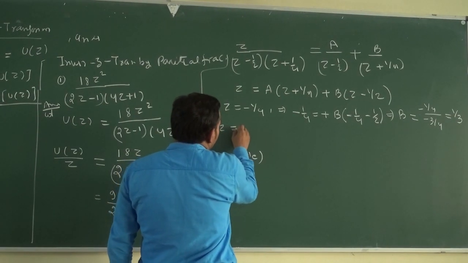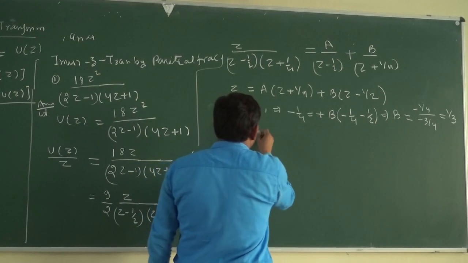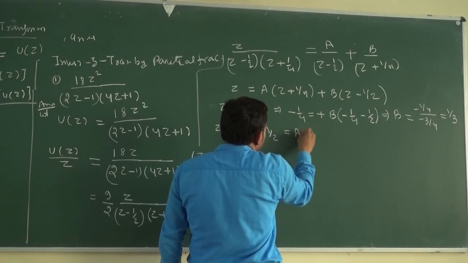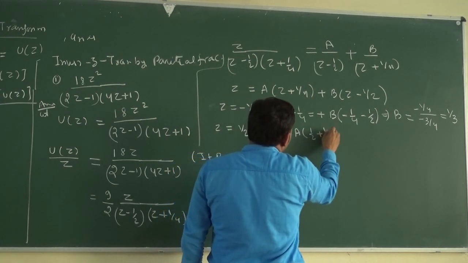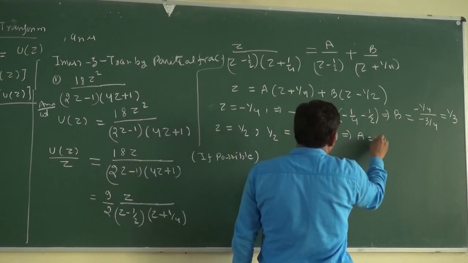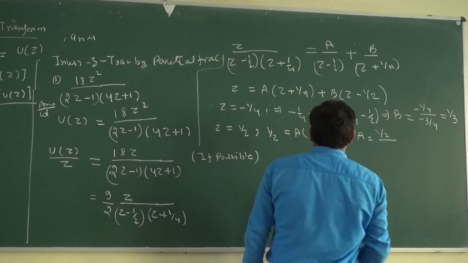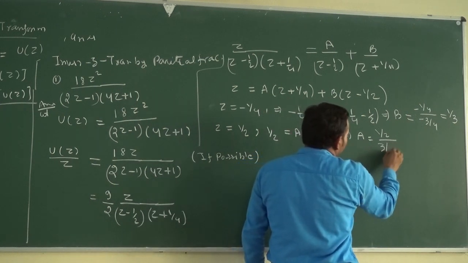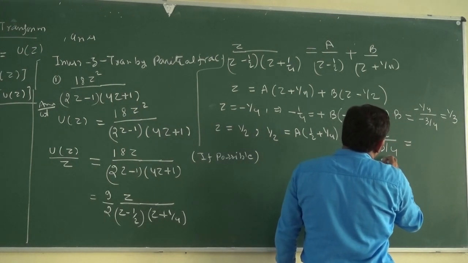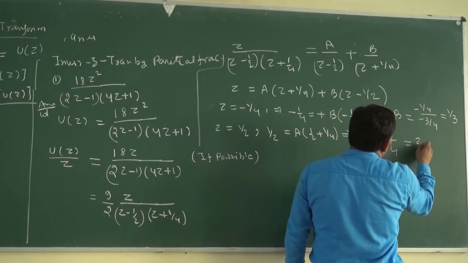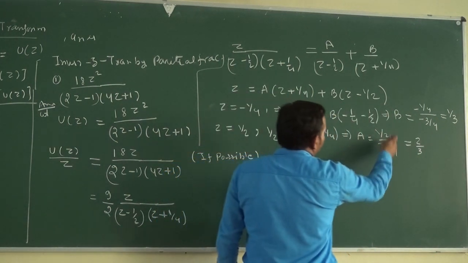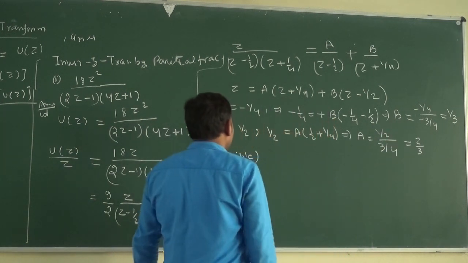If we put z equal to half in this expression, we get 1 upon 2, and this is 1 upon 2 plus 1 upon 4. This simply gives a equal to 1 upon 2 divided by 3 upon 4, which is 2 upon 3.